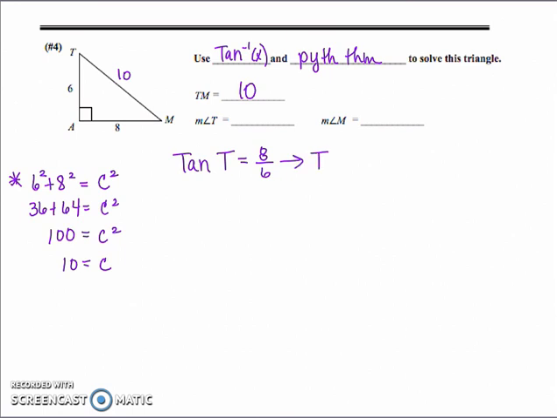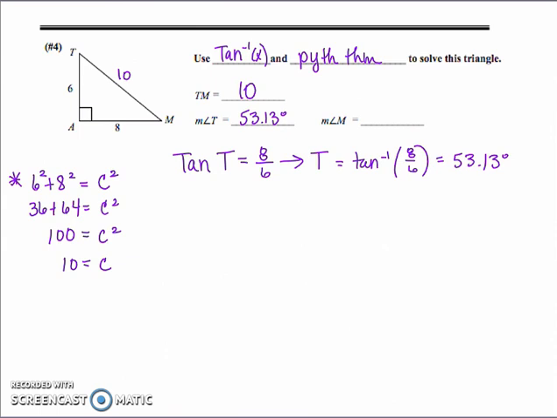That means angle T is going to be equal to the inverse tangent of 8 over 6. You want your calculator to be in degree mode. Inverse tangent of 8 over 6 gives us an angle measure of 53.13 degrees.